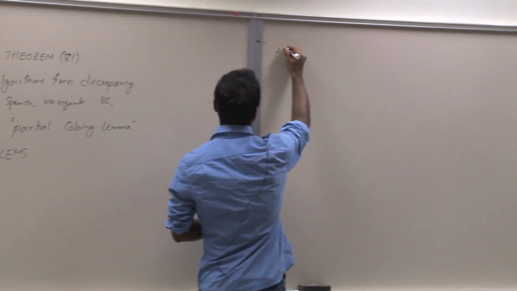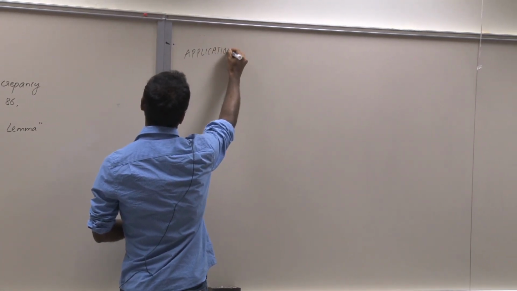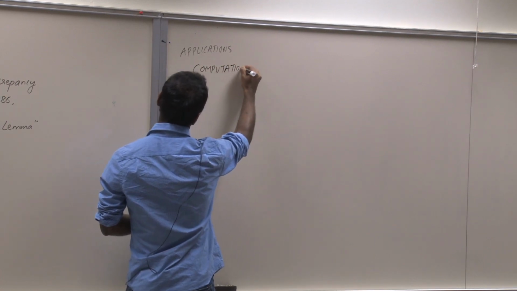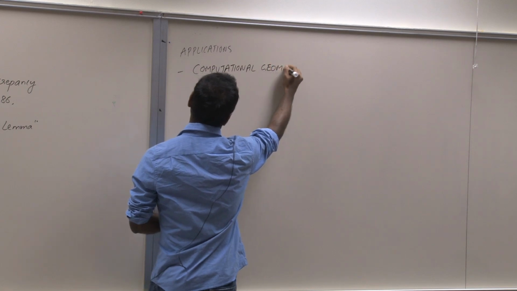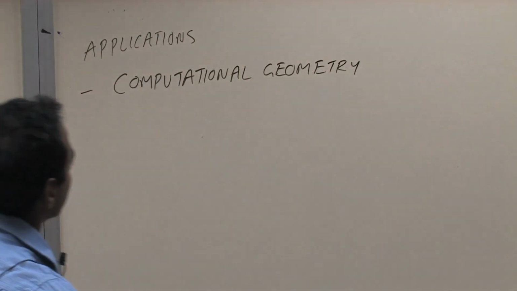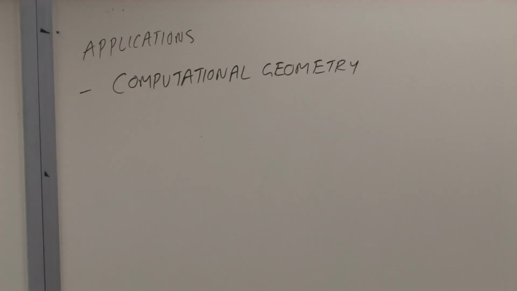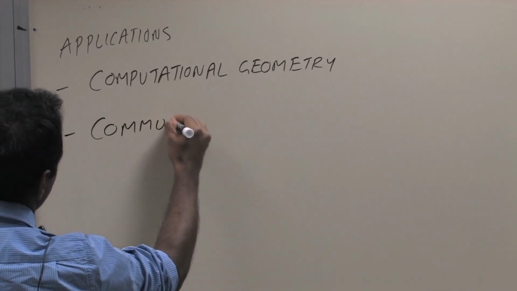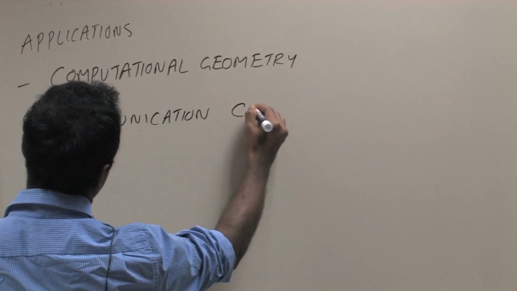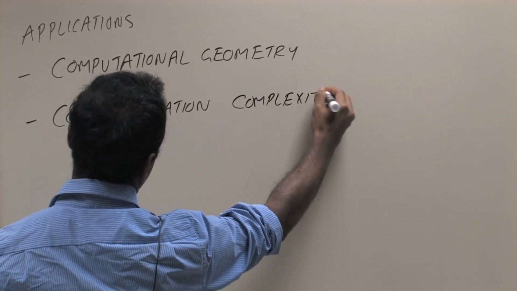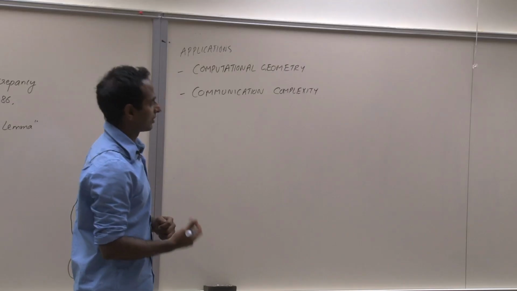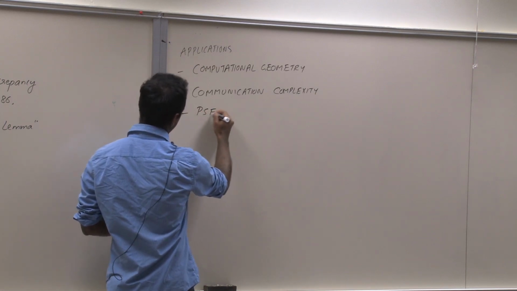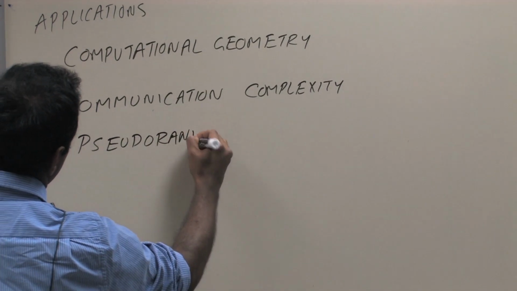But some of the main applications are to computational geometry, where discrepancy theory helps in finding good data structures, proving lower bounds, and so on, to communication complexity, where once again discrepancy theory helps in communication complexity lower bounds, and to pseudorandomness.